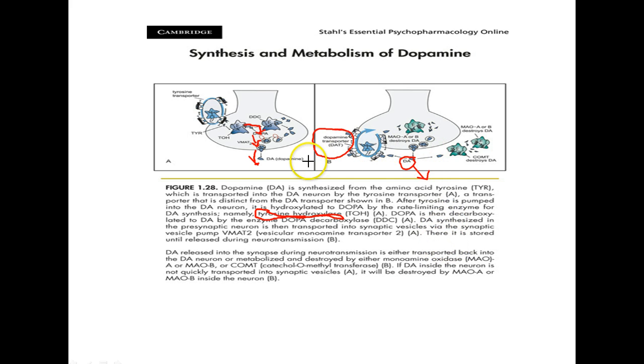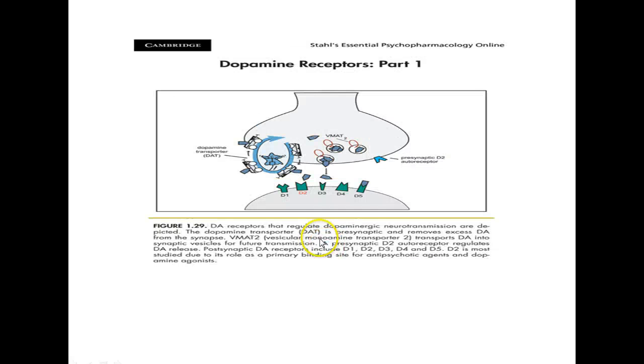Again, you can see that within the presynaptic neurons, they are transported through VMAT2, which is where they are temporarily stored. This is a very similar blueprint compared to the two other major transporters for neurotransmitters. We are talking a little about the neurotransmitters associated with dopamine.